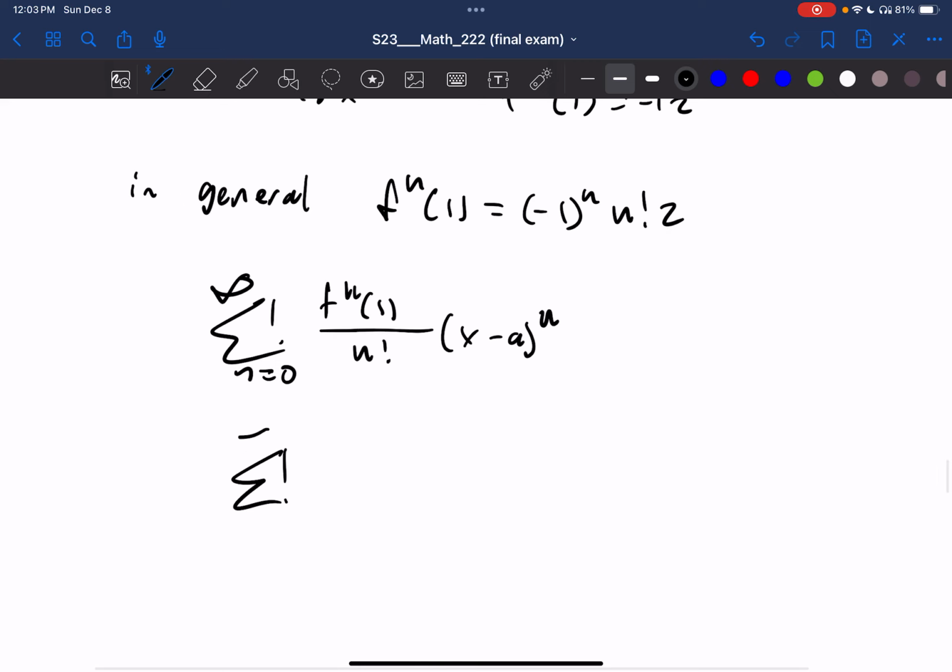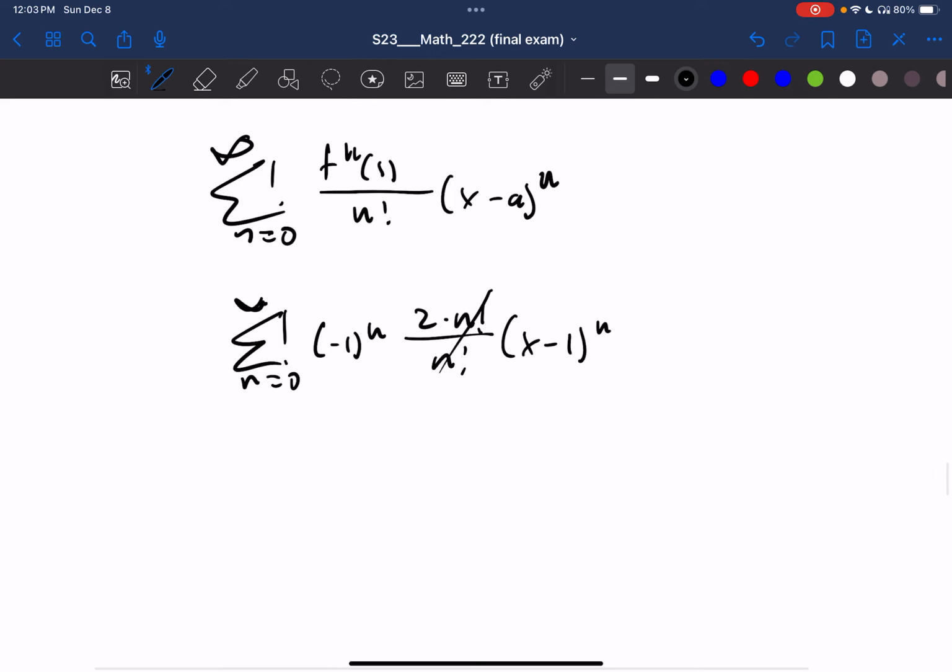Plugging in what we have so far, n equals 0, and replacing this with this, we get negative 1 to the n power times 2 times n factorial, divided by n factorial, times (x minus a), where a is the center, which is 1. We can see this simplifies to the sum of negative 1 to the n power times 2 times (x minus 1) to the n power. And that should be our answer.